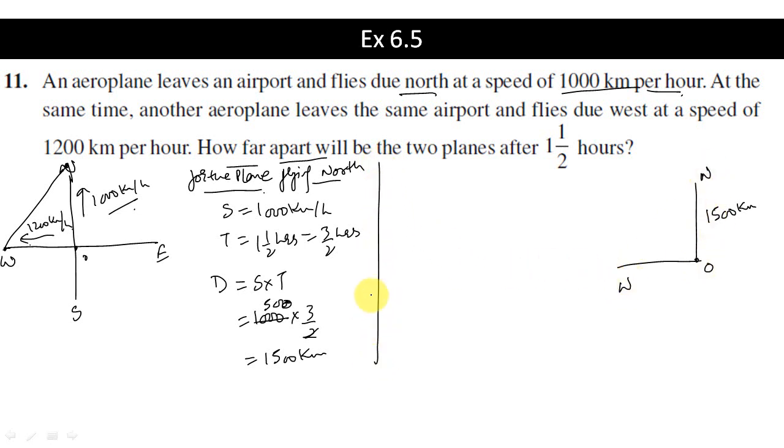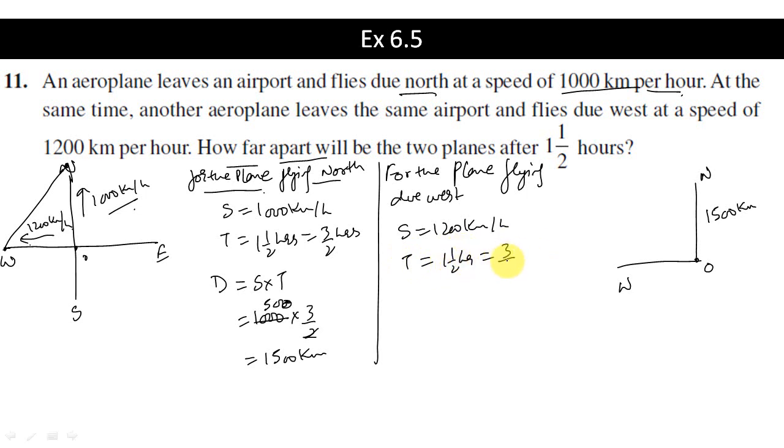And for the plane flying due west, the speed is 1200 km per hour and the time is 1.5 hours, or I can say this is 3/2 hours.